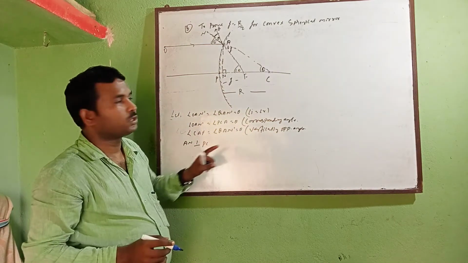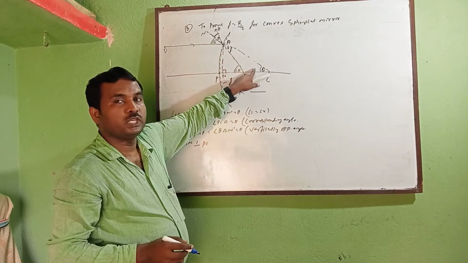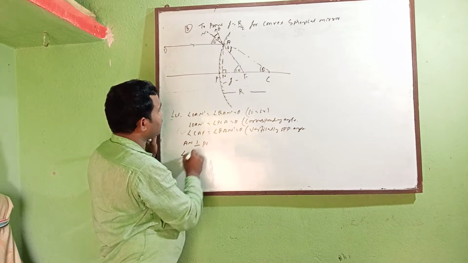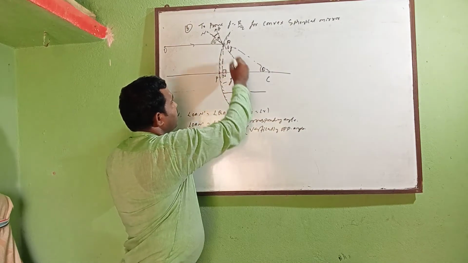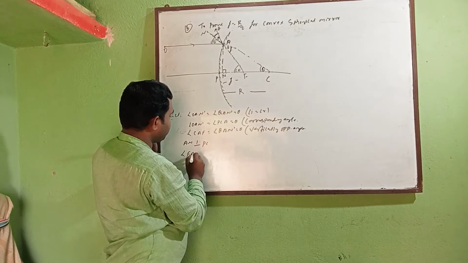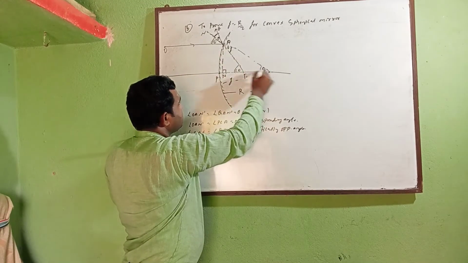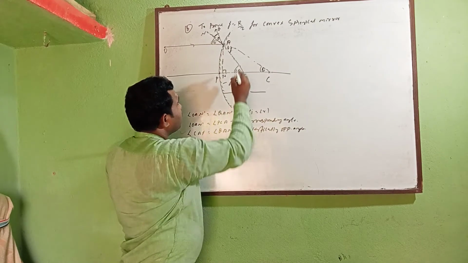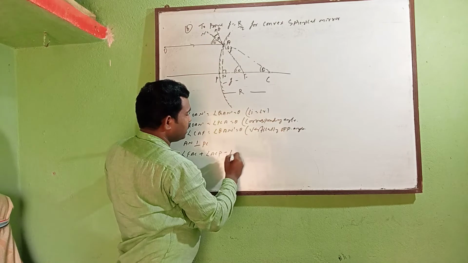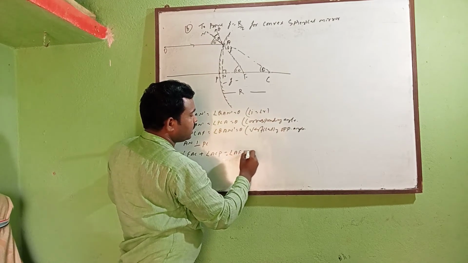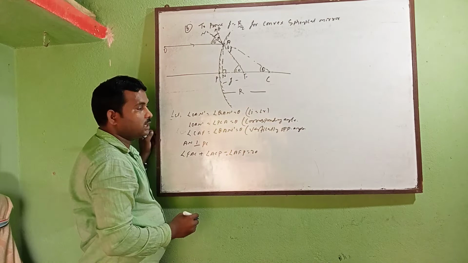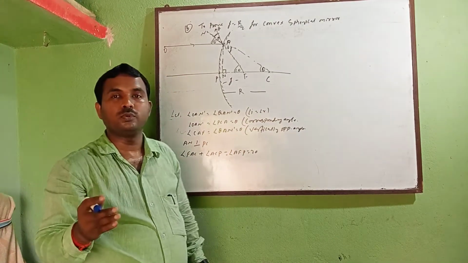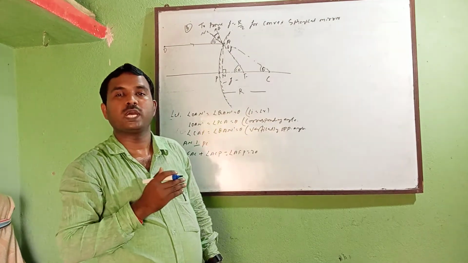Because the sum of two interior angles is equal to the exterior angle. So you can write angle FAC plus angle ACP equals angle AFP equals 2 theta, by the condition that the sum of two interior angles is equal to the exterior angle.